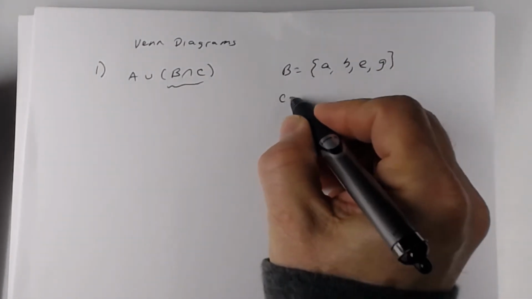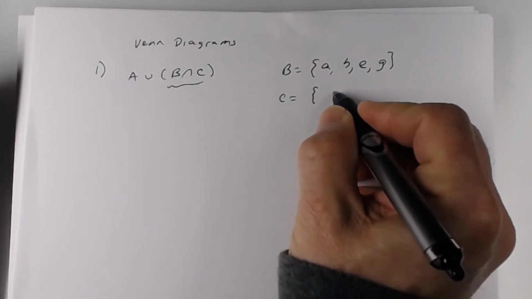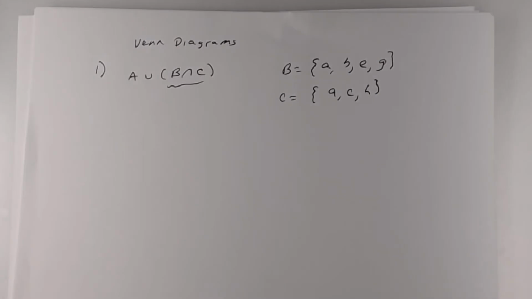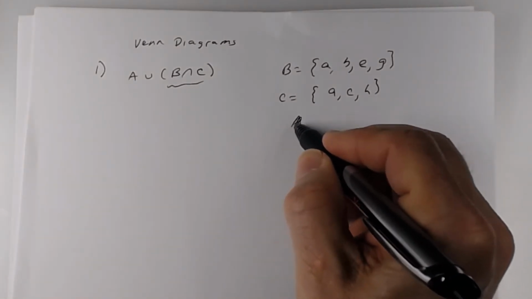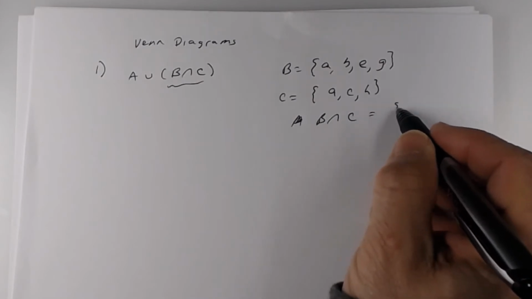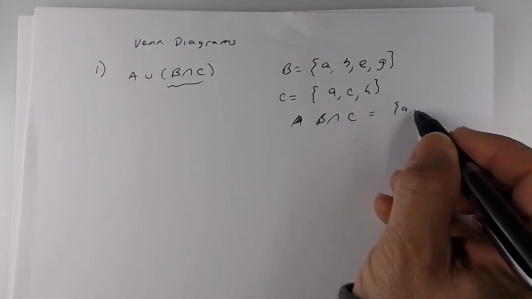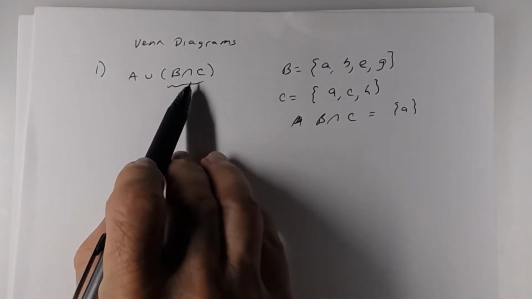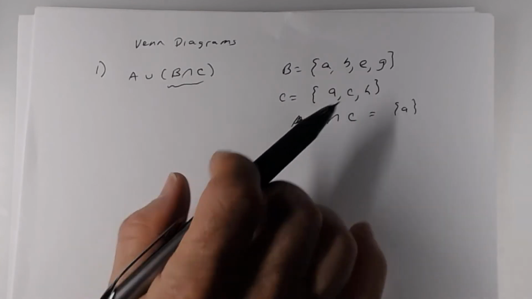And C is the set that has the elements A, C, and H. What is B intersects C? A, and that's it, right? Y'all agree it's just A? All right, so I'm going to put that here.